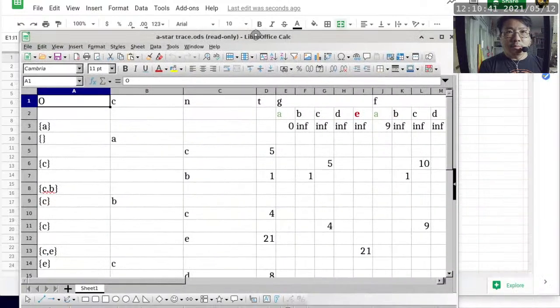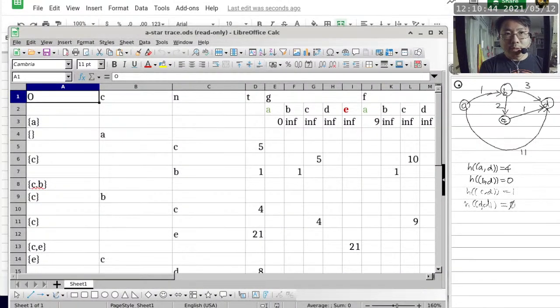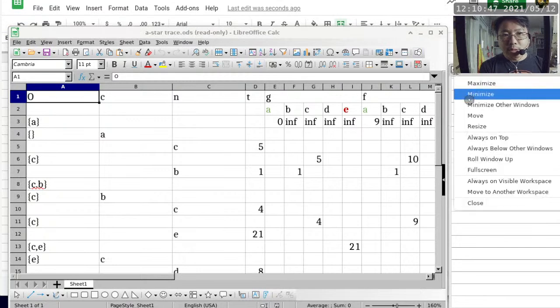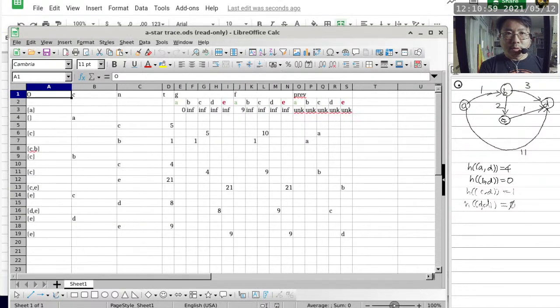All right, so here's my spreadsheet, and I have to make this always on top again. There we go. All right, so now we got everything that we need to start to trace the algorithm. And I'm going to zoom out just a little bit so everything fits on the screen. We don't have vertex D. Excuse me, we don't have vertex E. Vertex D is our destination, which is also the last one.